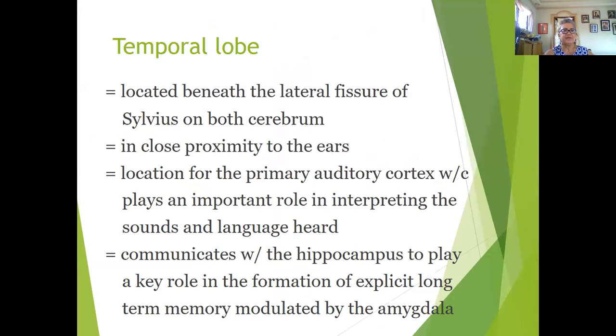Now, this is the location for the primary auditory cortex, which plays a role in interpreting the sounds and language. So this is the hearing lobe and communicates with the hippocampus to play a key role in the formation of explicit long-term memory modulated by your amygdala.